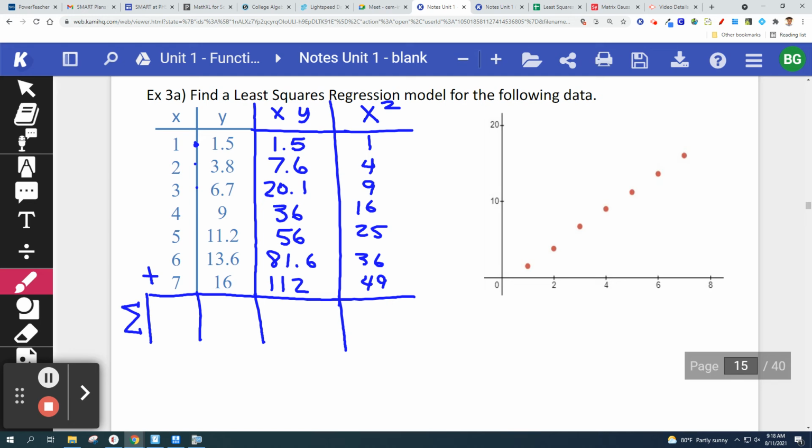1 plus 2 plus 3 plus 4 plus 5 plus 6 plus 7. 8 plus 8 plus 8 is 24 plus 4 is 28. Add those numbers straight down, you get 28. Add these numbers straight down. You don't need to see me do that on a calculator, do you? Add those numbers straight down.